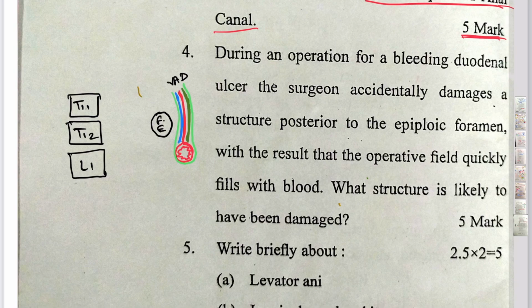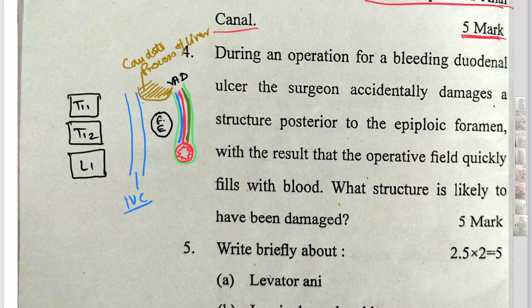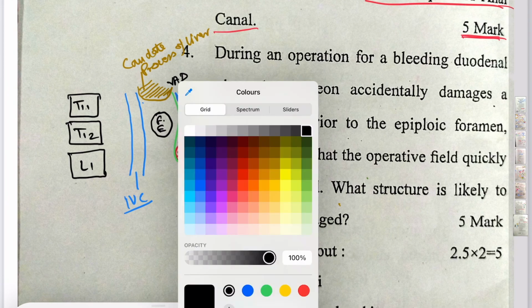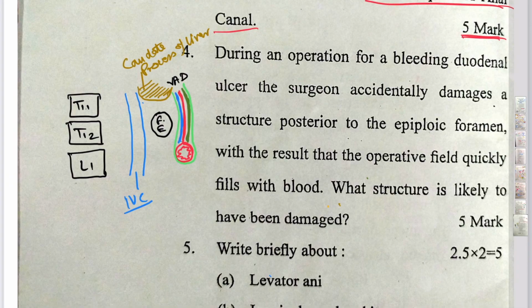Here you will find this lobe of liver, the caudate lobe with the caudate process. As I already told you, what lies immediately behind this foramen epiploicum is the inferior vena cava. And behind that, at this level of T12 vertebra, you also find the right suprarenal gland.